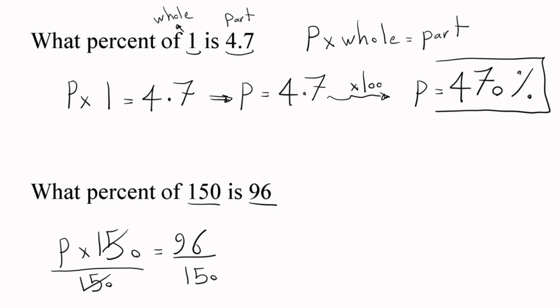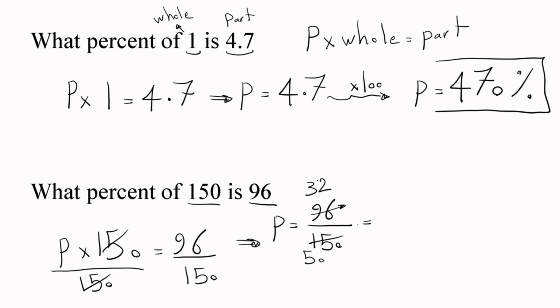These two are going to cancel each other out, and I'm going to have P is equal to, which is percentage, 96 over 150. Okay, I can divide both of them by 3. I can simplify it. If I divide this one by 3, the answer will be 32, and the answer of this one will be 50.